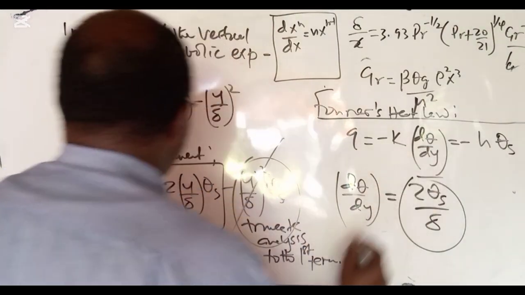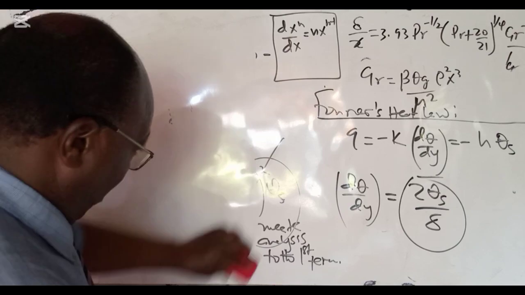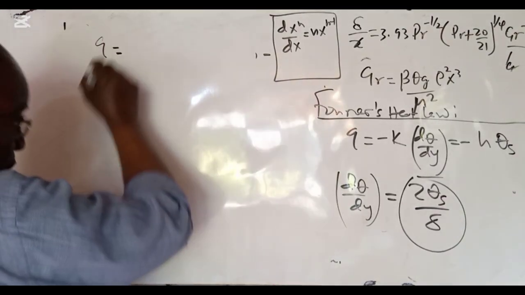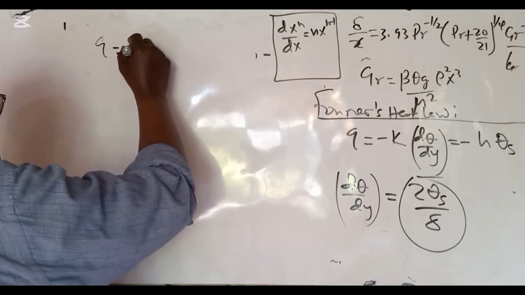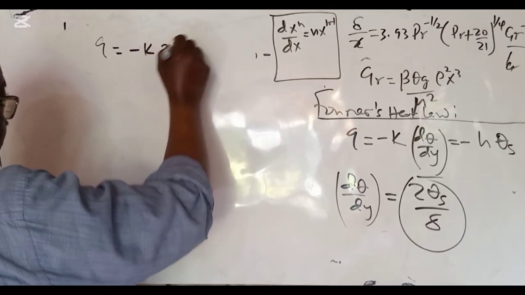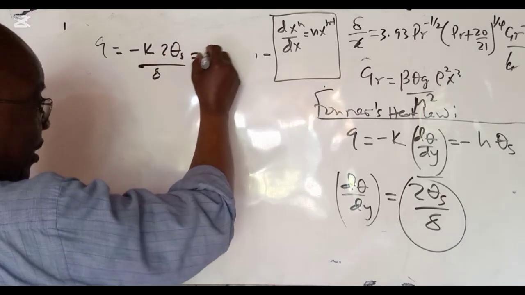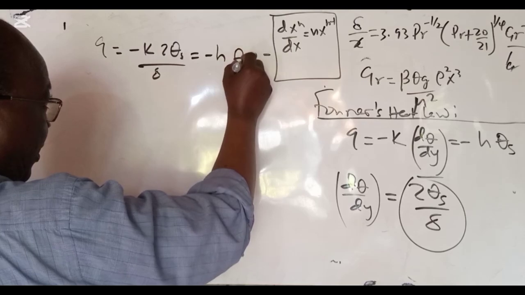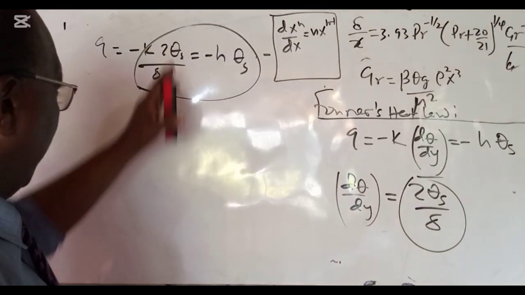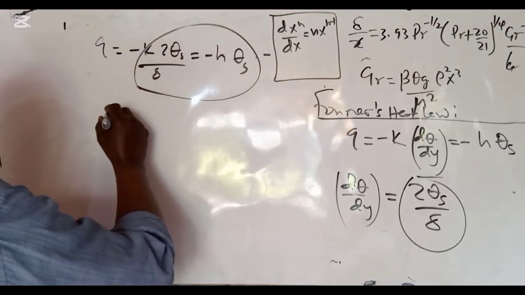So we can substitute that into the main Fourier expression, so that we have Q equals minus K times 2 theta s over sigma, and that is equal to minus h theta s. Of course, if we simplify this quantity, the theta s's, that is the changes in temperature, will cancel out.